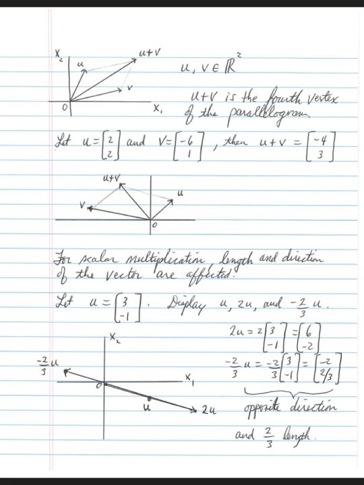If you have a negative, it will take that vector and run the opposite direction. If it's also scaled, it will tell you how much to scale it by. Negative 2/3 visually is going the opposite direction, but only having 2/3 of the length.